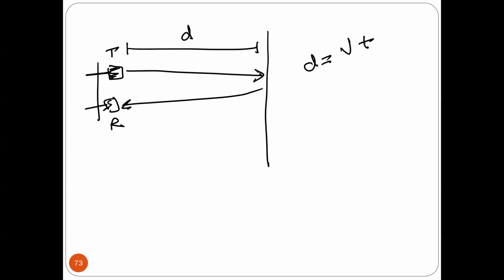The velocity is already known, 334; you need to check online, but I think it's in this range. The distance is unknown. All I need is the time from here to here, so I measure the time to go and come back, and then divide by 2 to get the one-way time. This is how we can measure the distance.